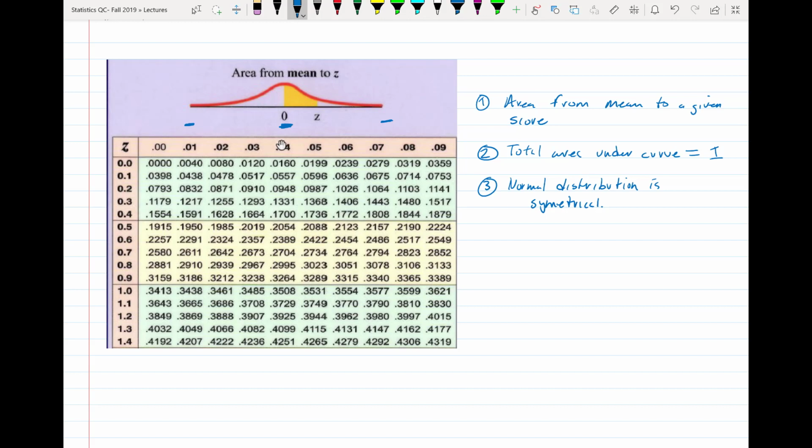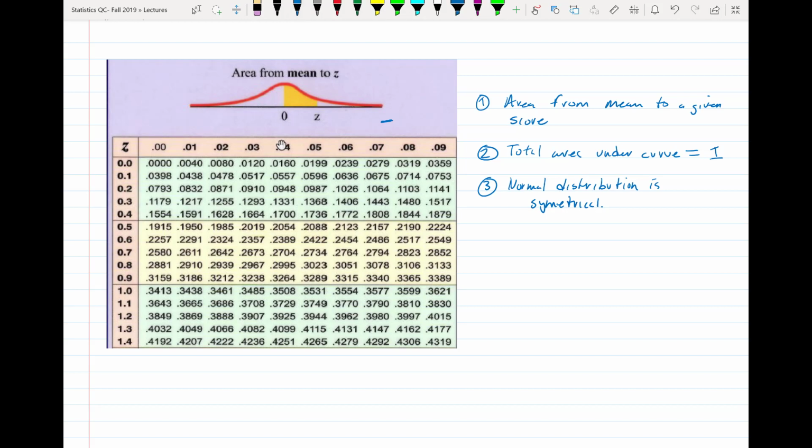Again, because the distribution is symmetrical and because the total area under the curve is 1, we know that the right-hand half of the distribution is equal to 0.5, a probability of 0.5, and the left-hand half is also equal to 0.5. By way of example, we can say that half the scores are above the mean and half the scores are below the mean.